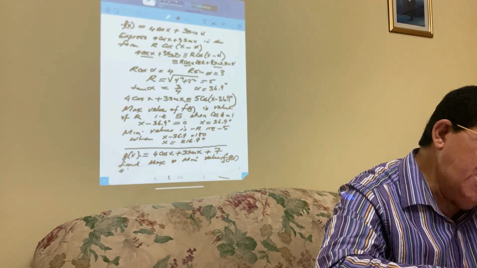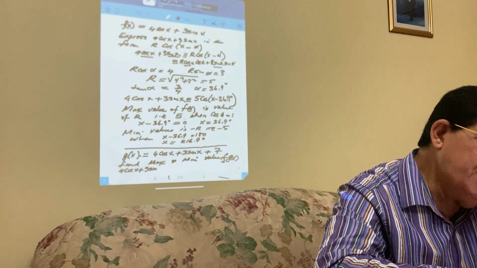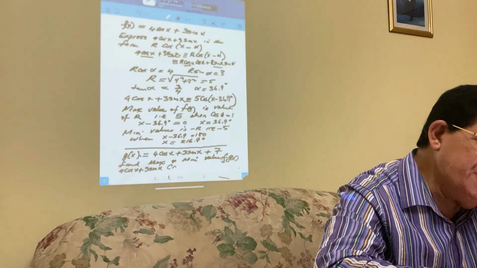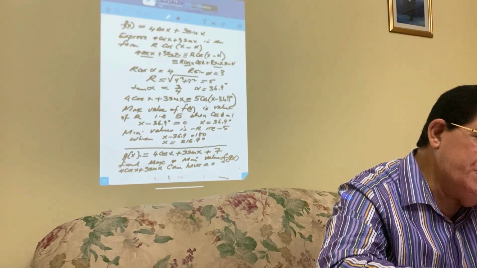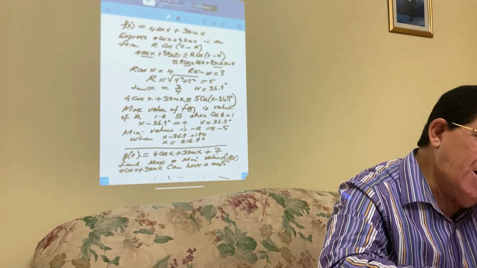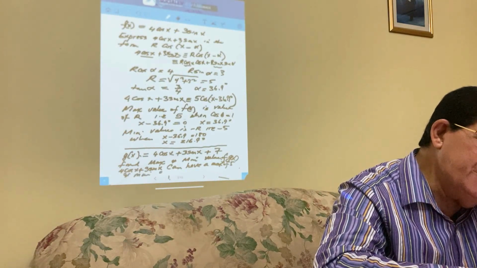4 cosine x plus 3 sine x can have a maximum of 5 and a minimum of negative 5.